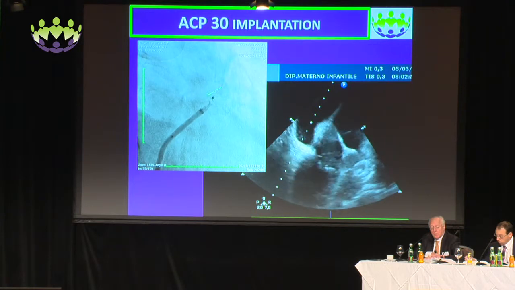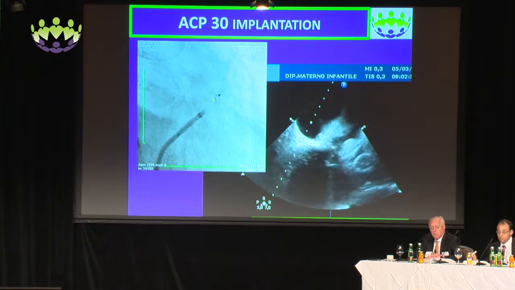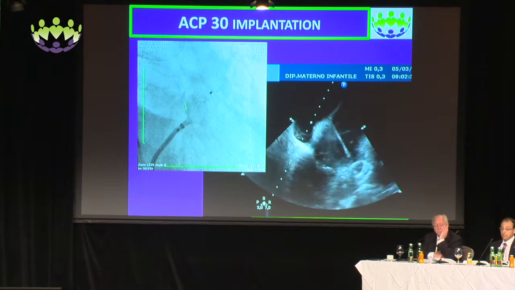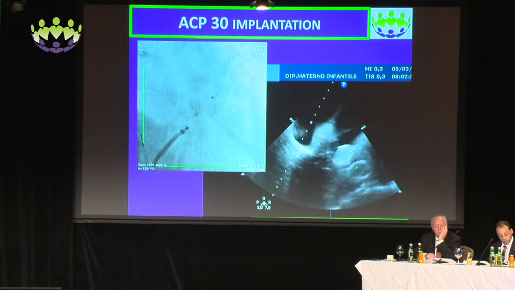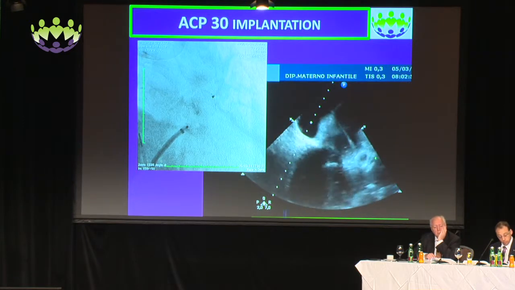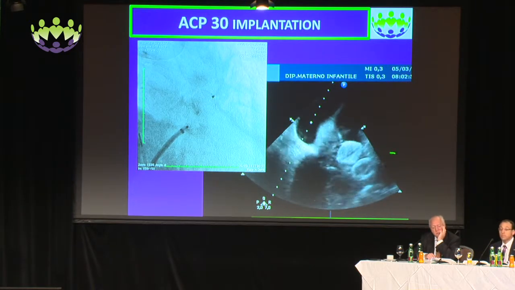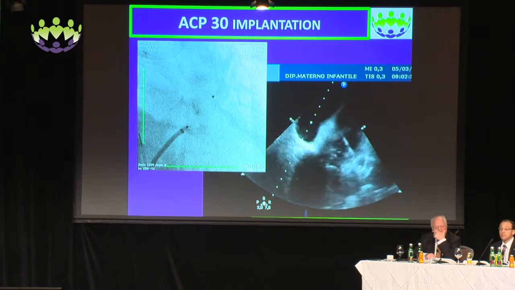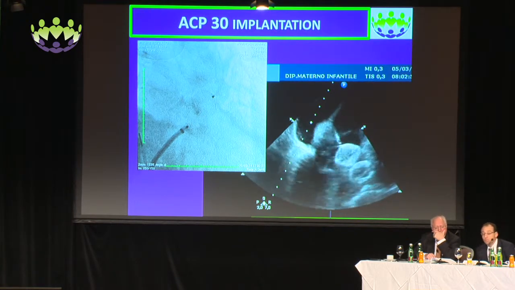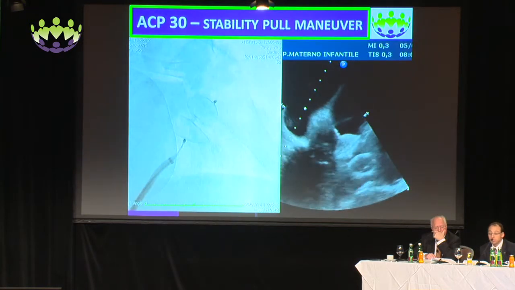We are seeing the angio and the ICE imaging. We see that we have a good compression of the lobe inside the appendage with a good opening of the disc. And we perform a tug test.